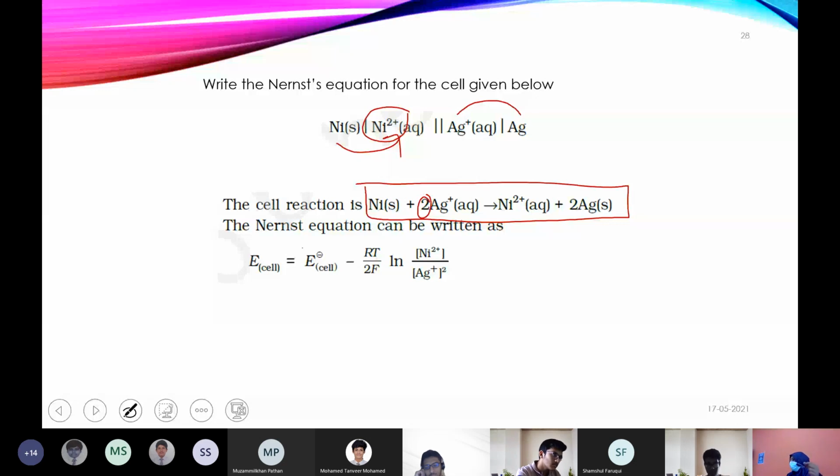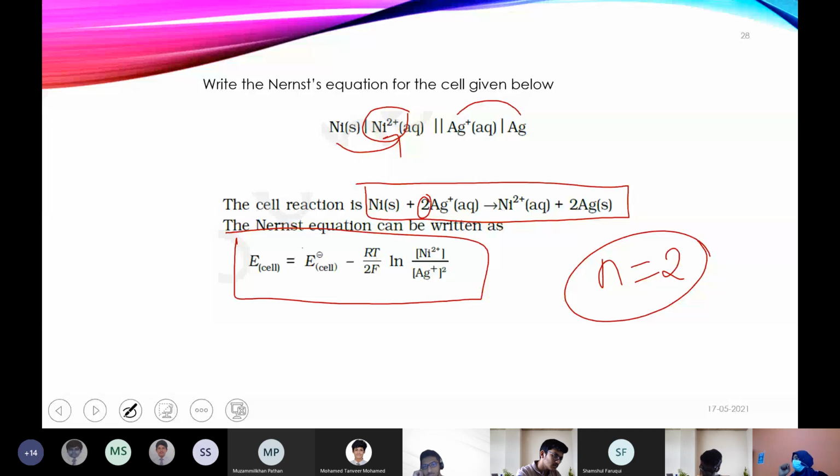Don't write the Nernst equation directly, because in some equations you have to balance the electrons first, and that term will come as the power of the concentration term. That is why the final equation is E cell equals E0 cell minus RT by nF. n is taken as 2 because per reaction 2 electrons are transferred.